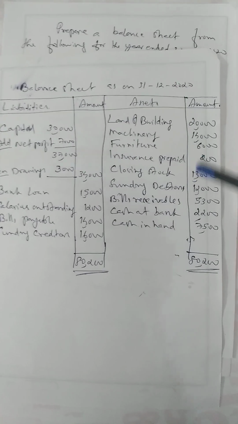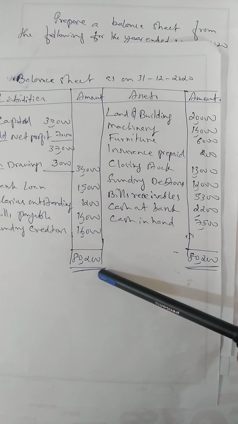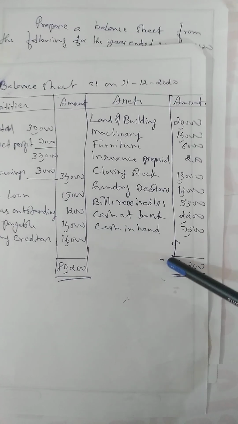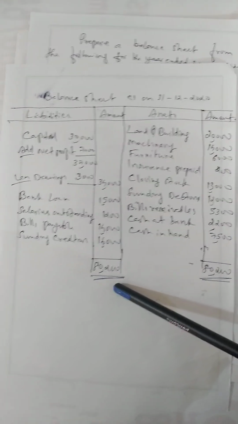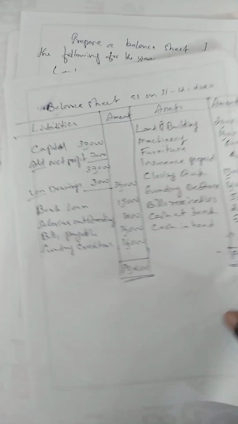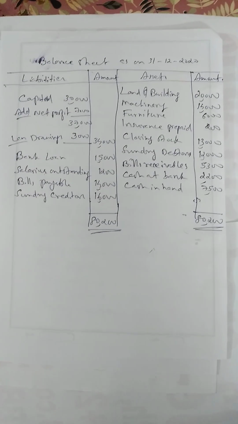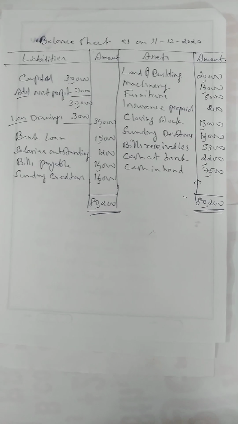The total of assets and total of liabilities should be the same. Here the total of assets is 80,200 and the total of liabilities is also 80,200. So the total should be the same on both sides. Then we say that the balance sheet tallied.